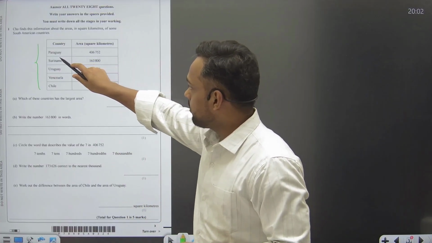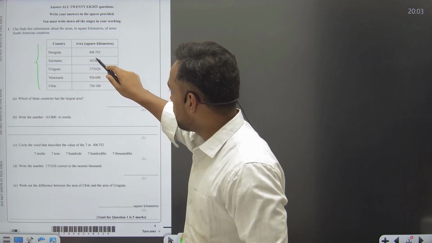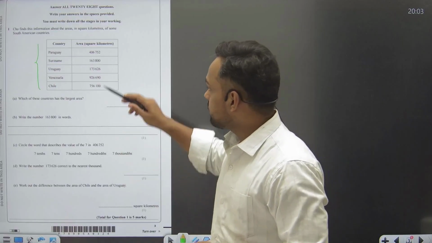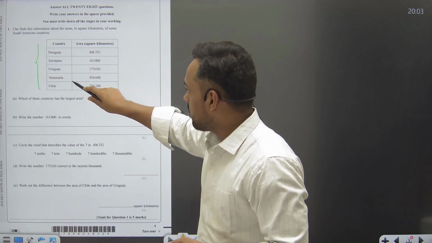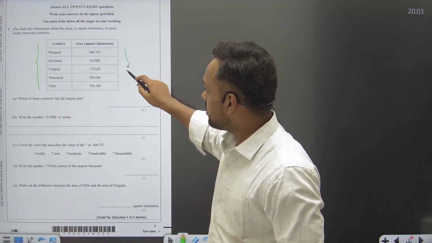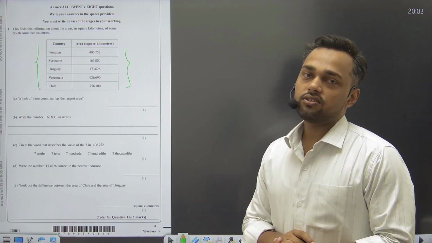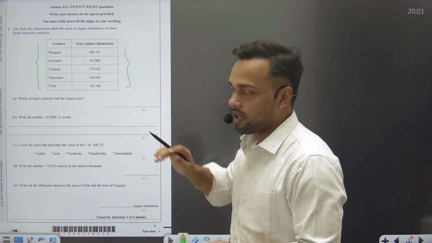For example, for Paraguay, if I ask how many digits are present, you will see 6 digits. The same goes for Venezuela, Chile, Uruguay and Suriname. All these countries have 6 digits in the area.